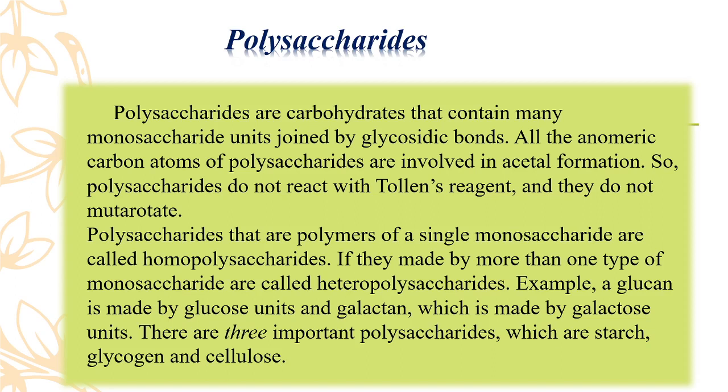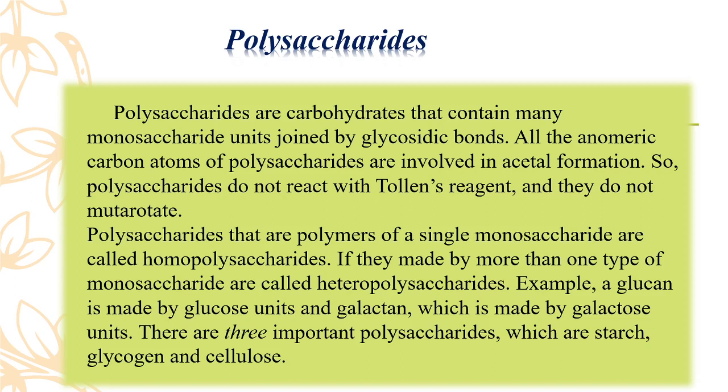That means the OH of the anomeric carbon is not free. Therefore, this polysaccharide cannot react with Tollens reagent. Means what? For the reaction with Tollens reagent, the anomeric OH must be free. When it is free, then and only then can it react with Tollens reagent.